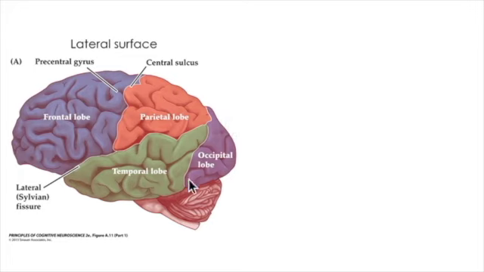And then in the posterior part of the brain, so towards the back, you have the occipital lobe, which is important for vision and some higher order visual processes. So that's the lateral surface of the brain, where you can see all the major lobes.